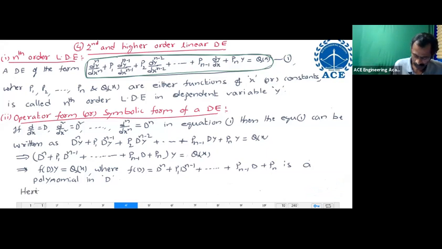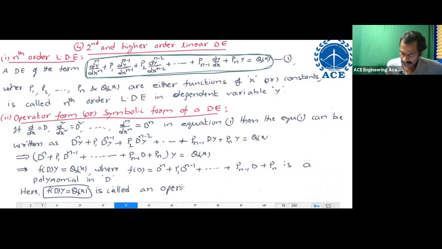Here, f of D y equal to q of x, the short form of this operator form, is called an operator form of a differential equation.